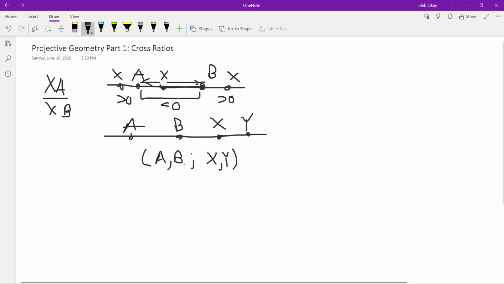So AB cross XY is defined as XA over XB times YB over YA.